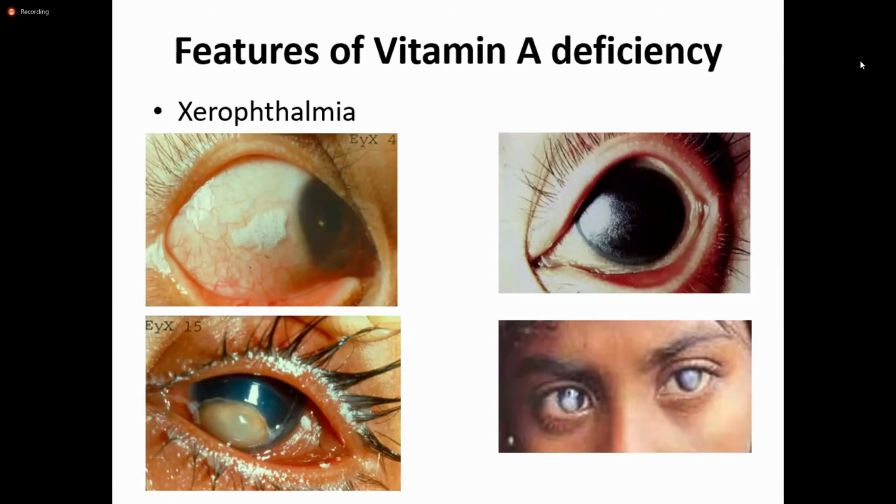So there will be very poor vision, but in daytime it's normal.